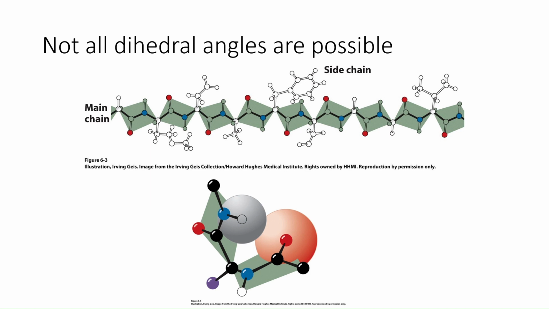They're repelling each other, and so the backbone of the polypeptide just can't form that angle. It's not possible. Another reason, as shown on the top here, is when you have large and bulky side chains. Side chains can physically get in the way of some types of bond rotation, and so that will make particular dihedral angles impossible sometimes, depending on which side chains are near each other and how those side chains might like to interact with one another.